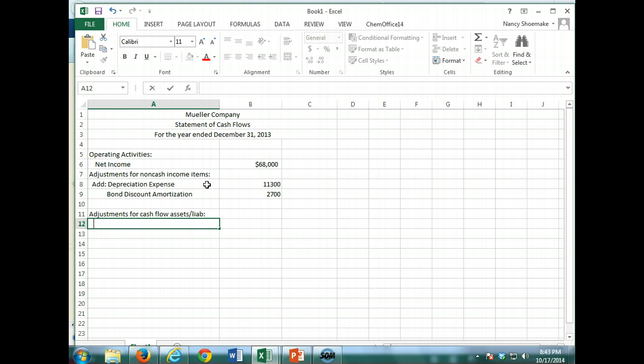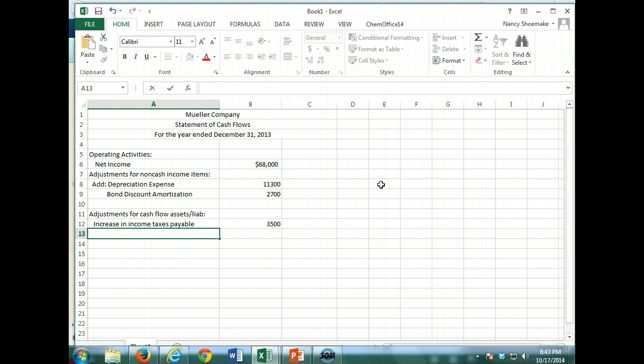So that's why we want to add that back. Make sense? So when a payable is increased, we're going to add. When a payable is decreased, we're subtracting.